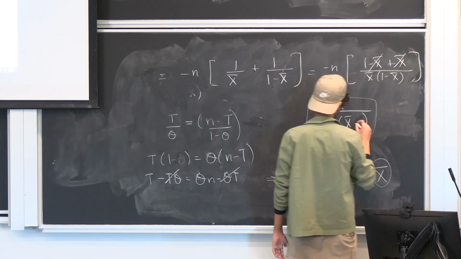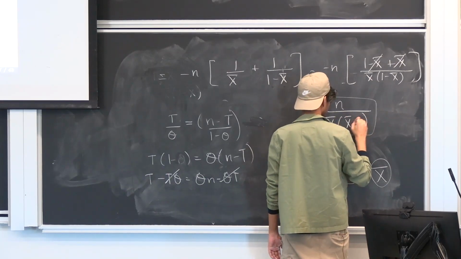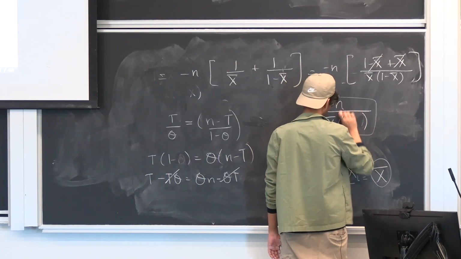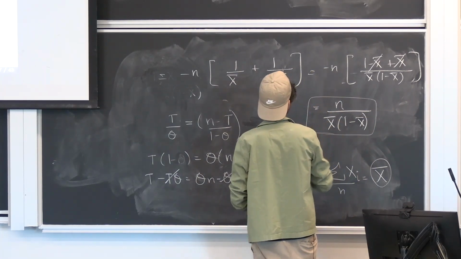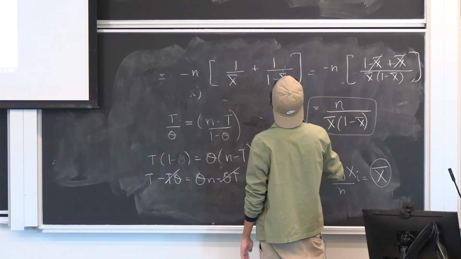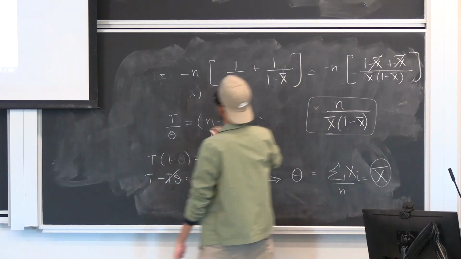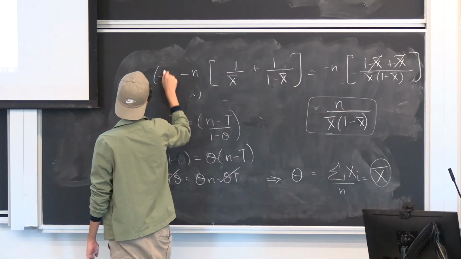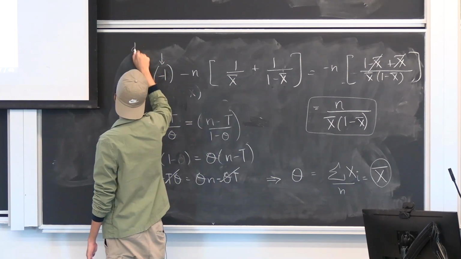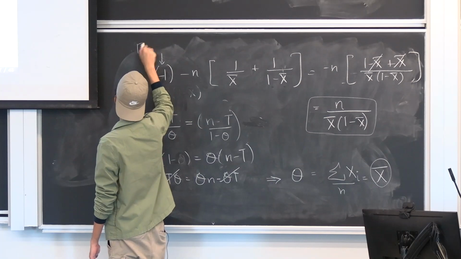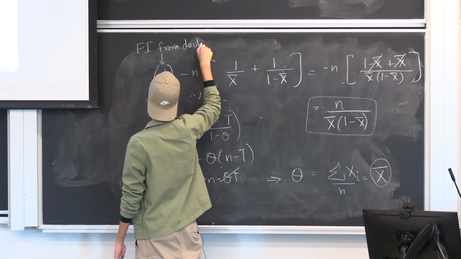Right. I have to flip it again to get the Fisher information. Correct. So this would be 1 minus x bar times minus 1. So Fisher information from double derivative.